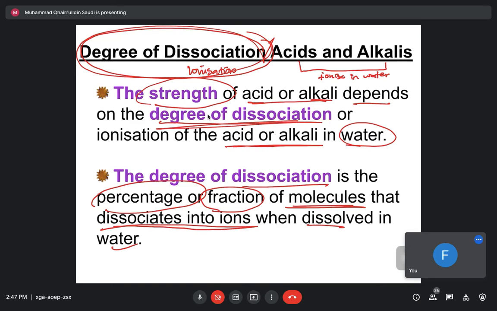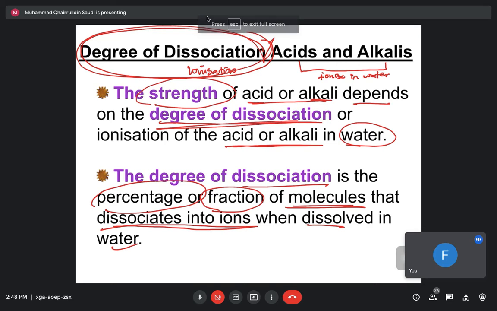Yes, good. Apa yang menyebabkan alkali itu kuat? Alkali itu alkali. More hydroxide ion ataupun less hydrogen ions.